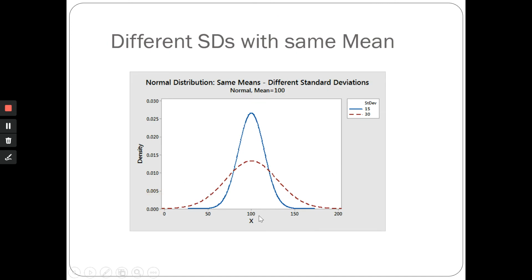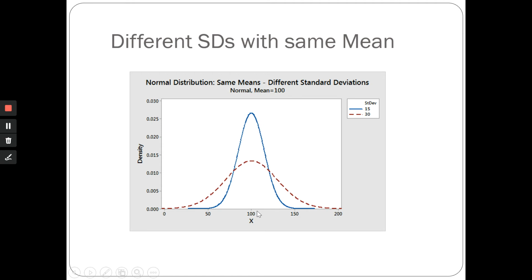So look over here, this is a very simple example. The mean is 100, and these are the normal frequency distributions of two returns. 100 is the mean, and the blue one has a standard deviation of 15. The other stock also has the same mean of 100.